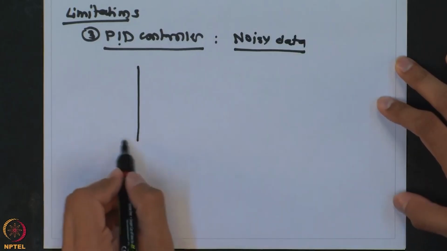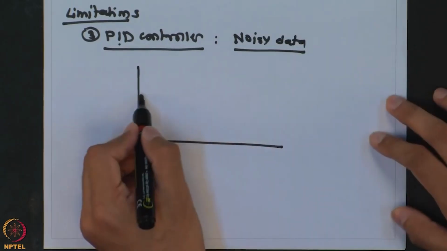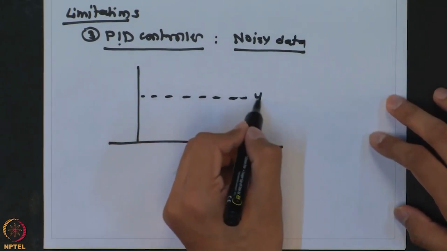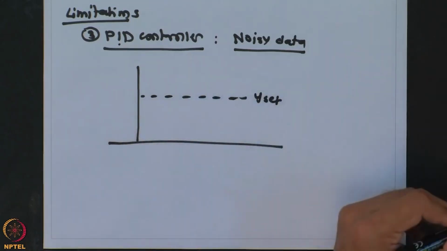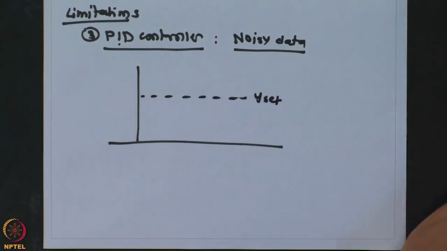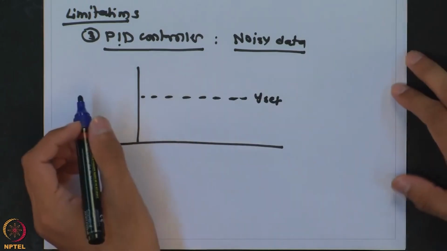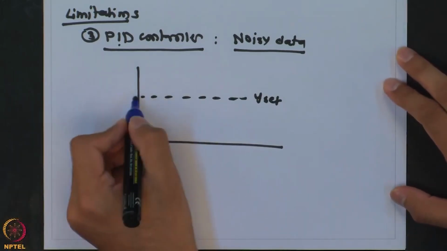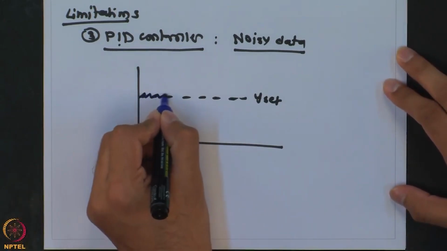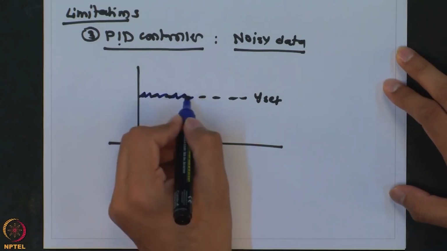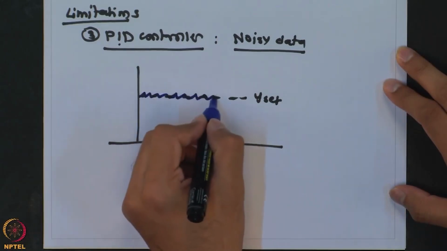So, let us look at an example. This is your set point, and the output response in a typical real life plant would be something like this. It will be moving around this set point.